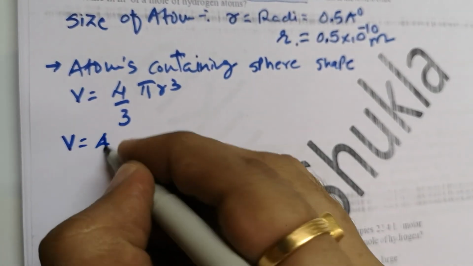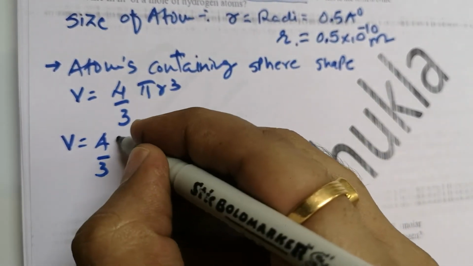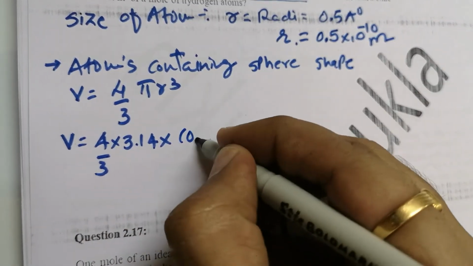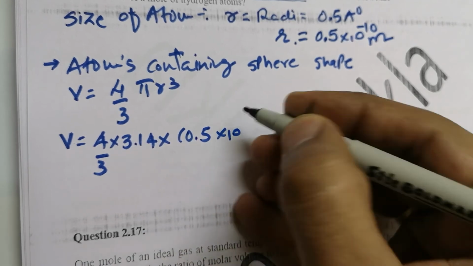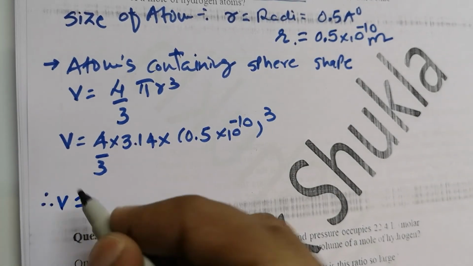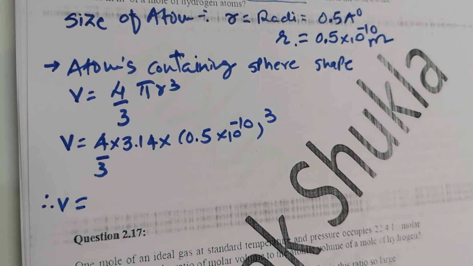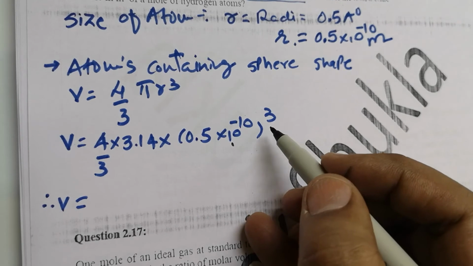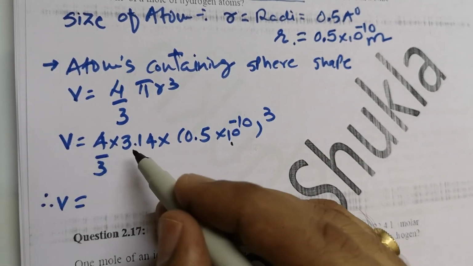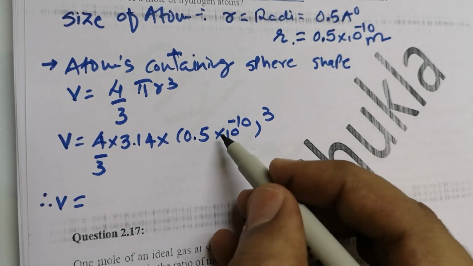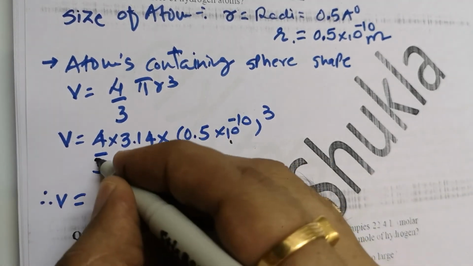I am putting all those values: 4 by 3, 3.14, and my radius is 0.5 times 10 to the power minus 10, cubed. Whenever you are calculating, always keep in mind that the power is calculated first. So 4 multiplied by 3.14 multiplied by 0.5, again 0.5, again 0.5, divided by 3.